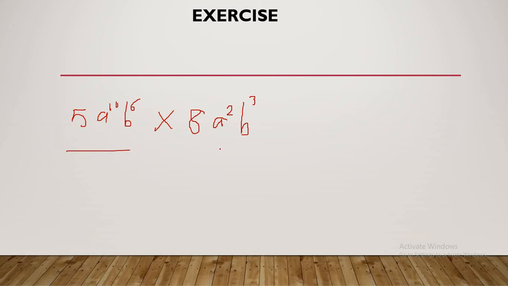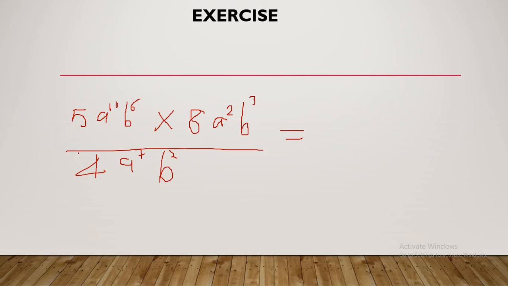Okay, and let's divide this, let's say, by 4a to the power of maybe 7, b to the power of 2. Who can try to solve this problem? What is the solution? Look at the problem carefully.